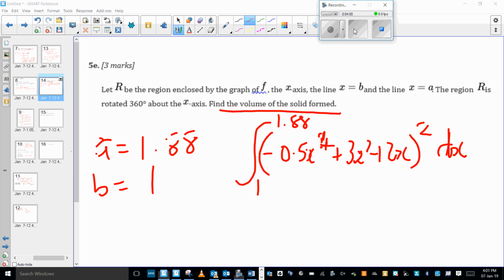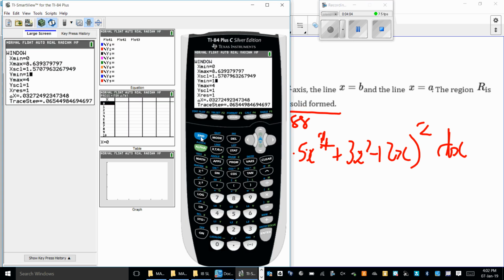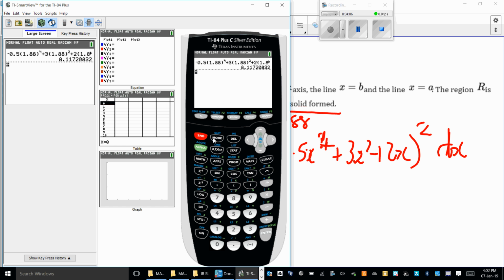So I think I've got my calc now. Right, so let's look at this. We're doing math 9. Our numbers are 1.88 and 1. Now I'm opening up a bracket because remember we have to square this function.